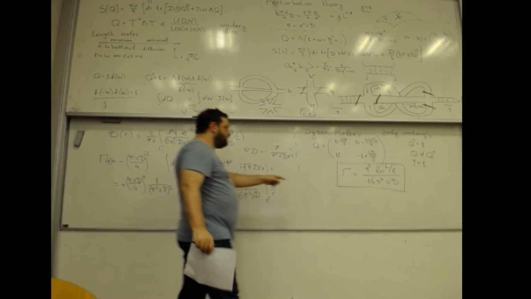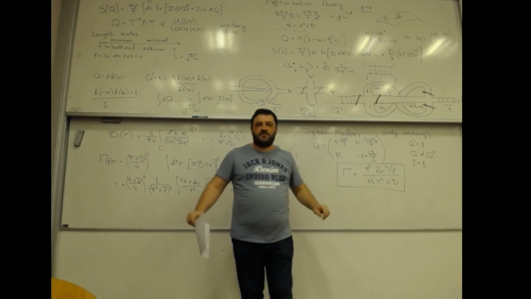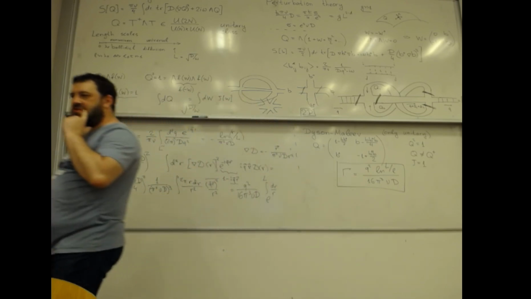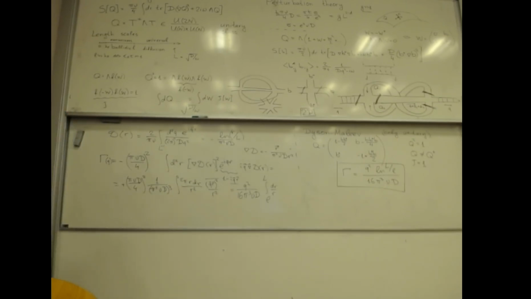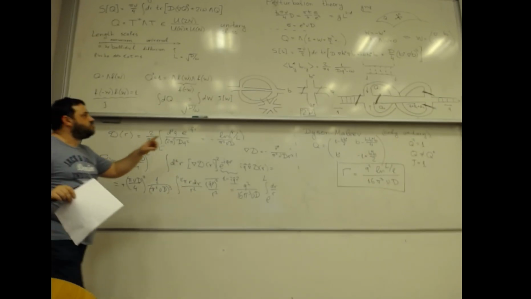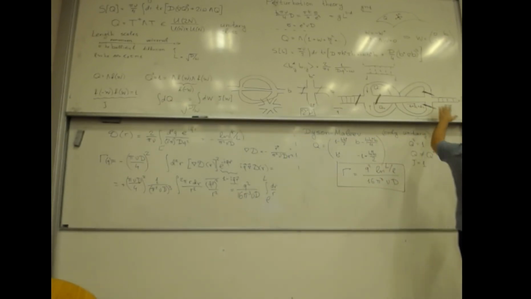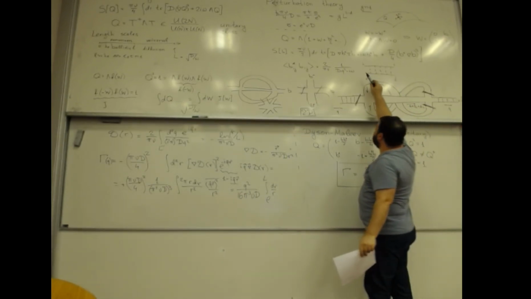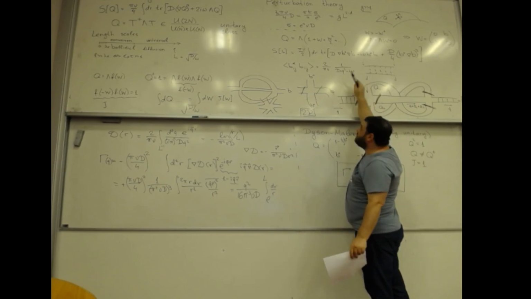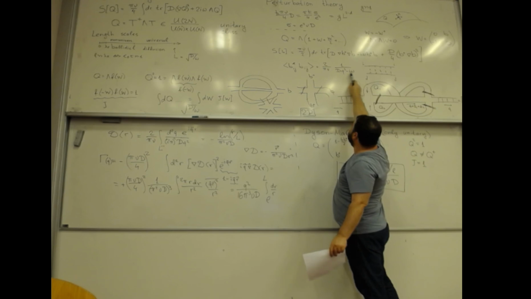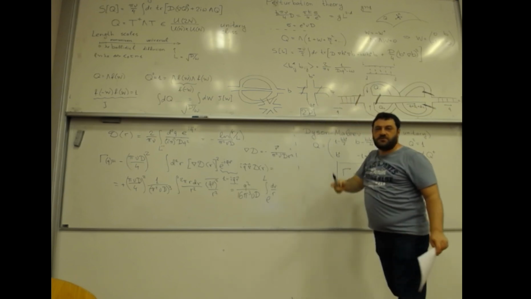And the most important thing is this Q squared in front. Q squared is very important because it should be 0 when Q equals 0, and it should be a correction to the diffusion constant. Now, if I insert this gamma in the denominator for my diffusion, it also has Q squared, so it will do a correction to the diffusion constant.